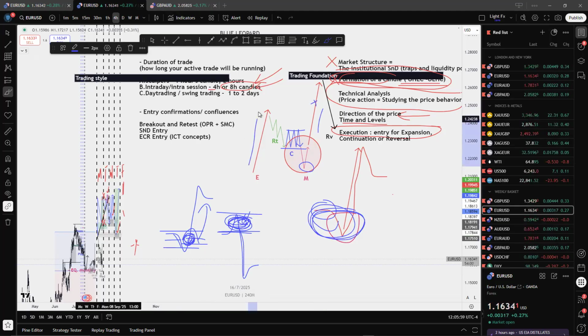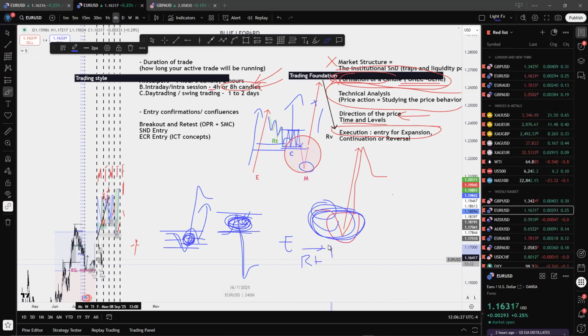And sometimes after an expansion, just chill out, wait for the market to retrace, observe. After retracement, sometimes the market doesn't wait, creates a small manipulation in the lower time frame, and then boom, explosion. But sometimes it also creates a consolidation. After an expansion, you could expect anything, a retracement.